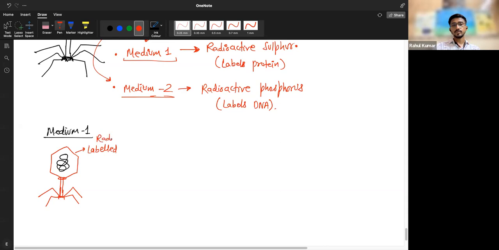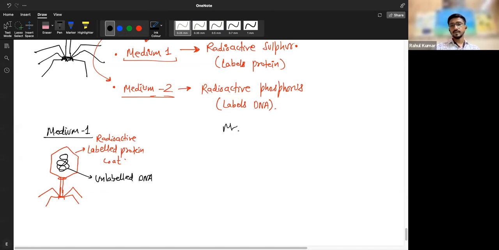So radioactive labeled protein coat and unlabeled or non-labeled DNA. Is it clear?